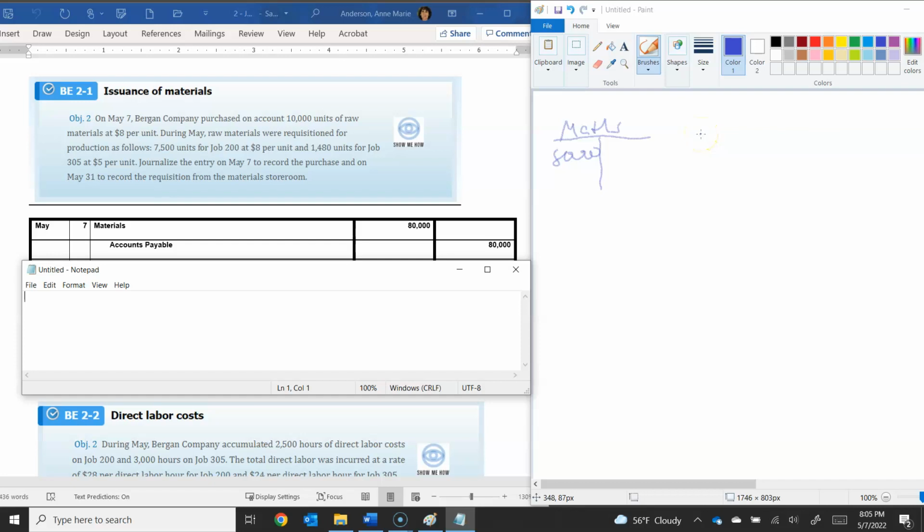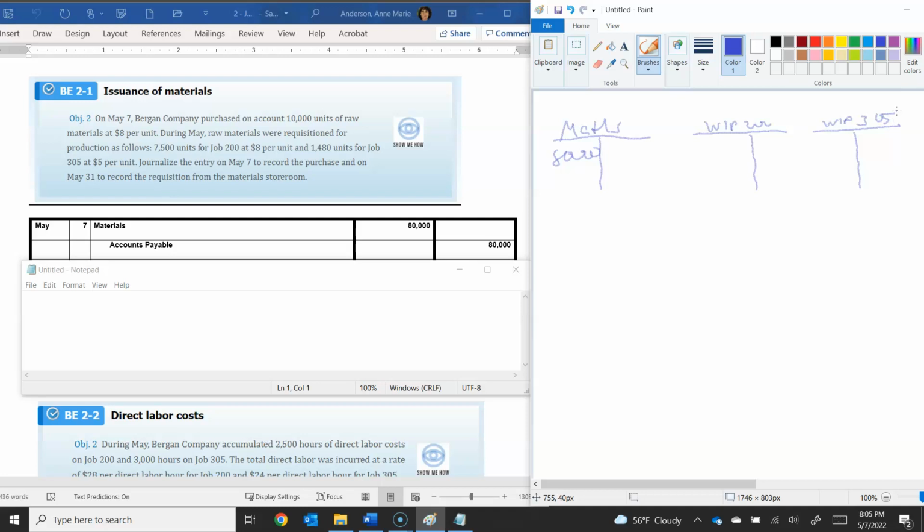Now, the way Cengage has you do it, they do this into one WIP, and they just call it WIP. I'm going to say we keep them separately in our notes anyway. WIP 200, WIP 305.